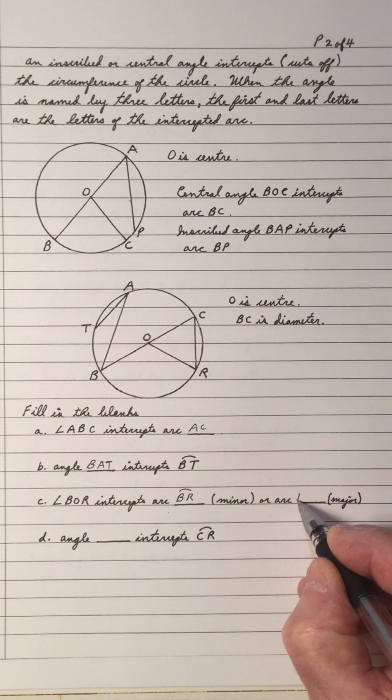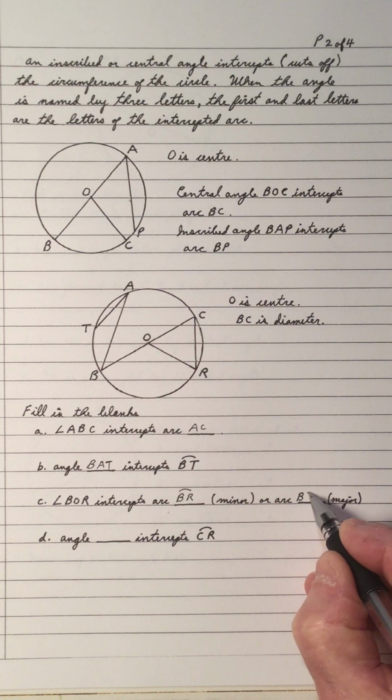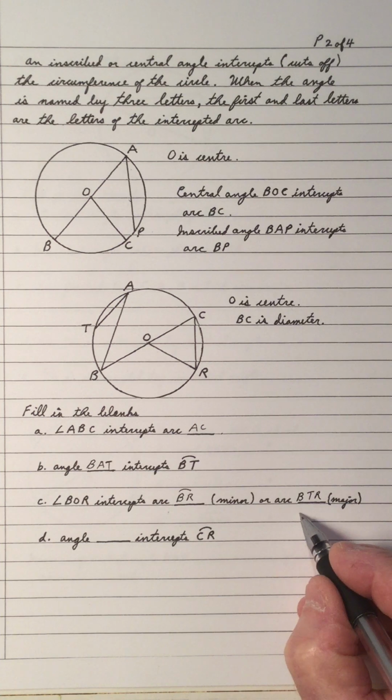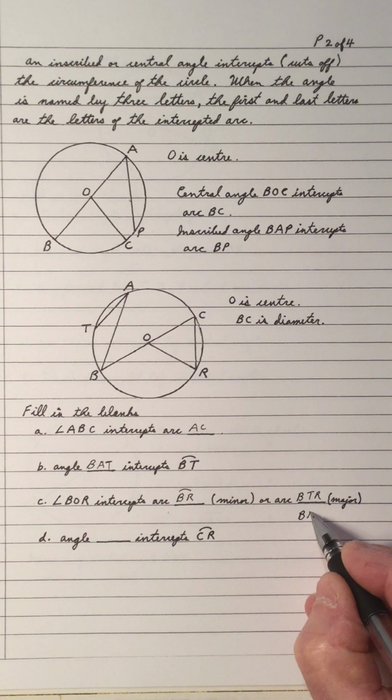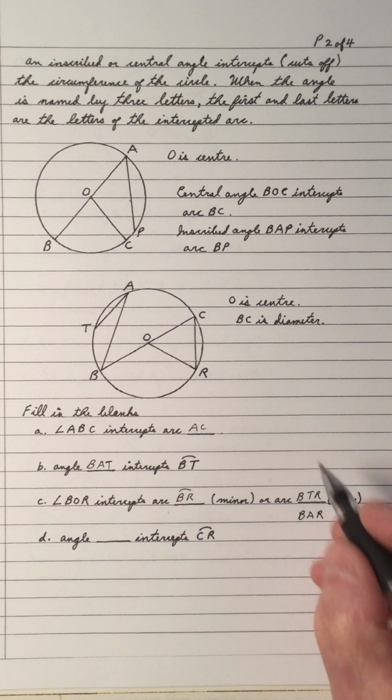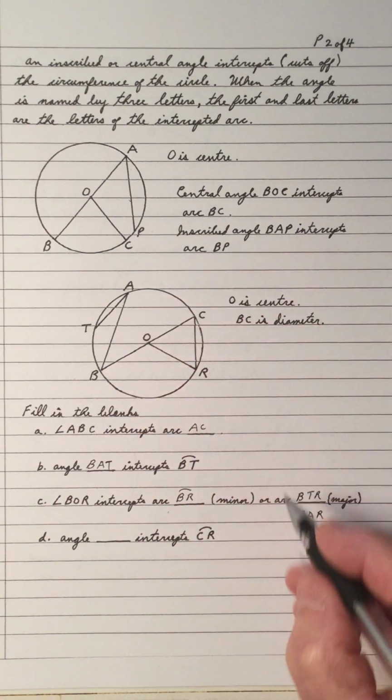So you could have BTR. It's also called BAR, or you could have BCR.